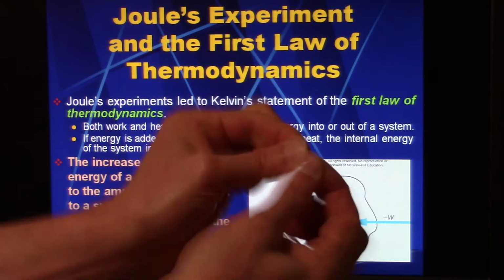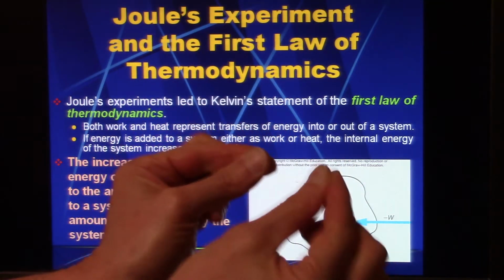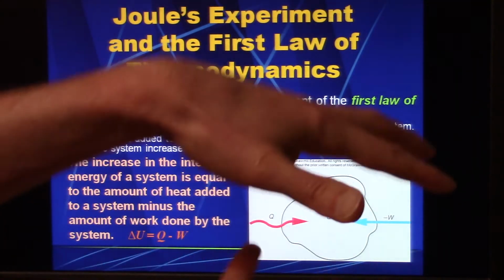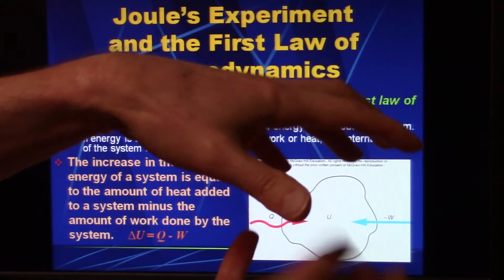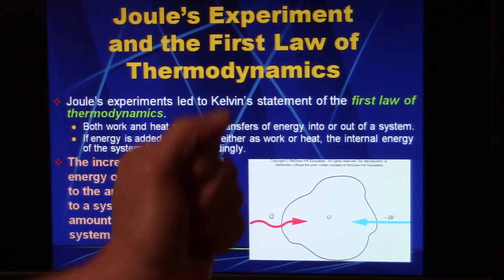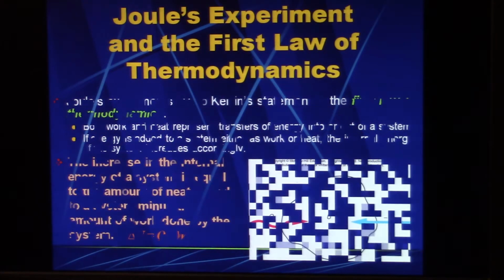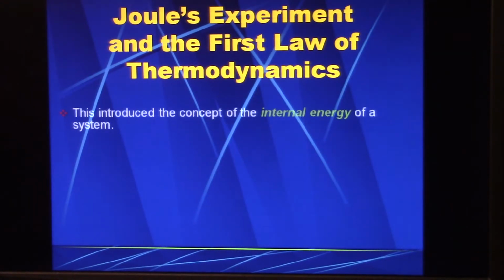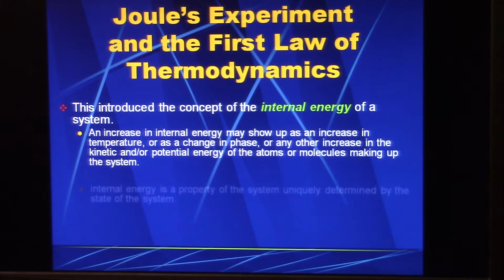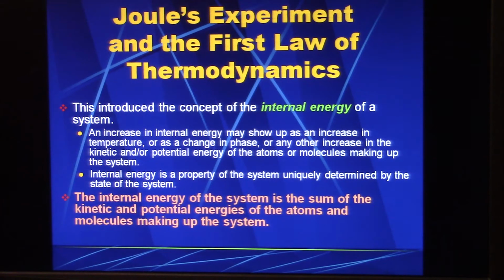So they're bouncing against each other now. Each molecule has more kinetic energy, and of course there are millions or billions of molecules in a piston. So it's that kinetic energy at a fundamental level. So the internal energy of a system is the sum of the kinetic and potential energies of the atoms and molecules making up the system. Okay?